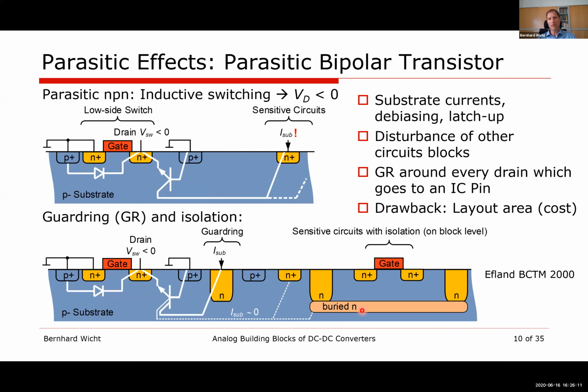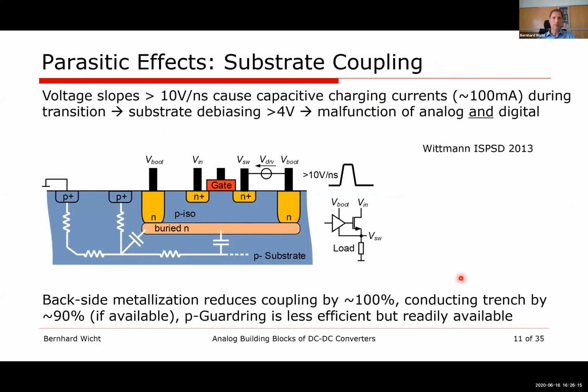So we can encapsulate all the power stages. So bipolar effects are gone. However, we still have capacitive coupling effects. And that's something where I feel there is no real methodology in SOI yet, how to do a proper design to keep your capacitive coupling under control. That doesn't matter if you have high power applications, because then your coupling current is negligible, hopefully.